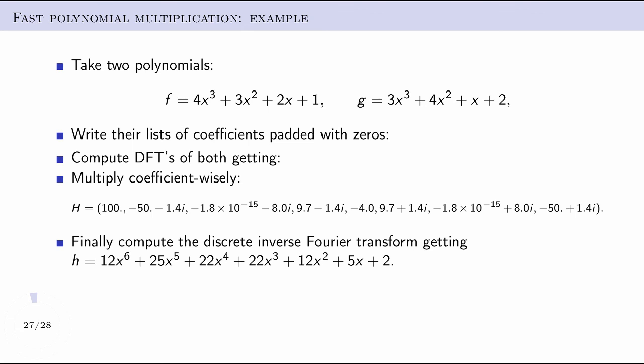We get the sequence of length 8, of the form 2, 5, 12, 22, 22, 25, 12, 0. We have leading zeros, but when we convert this into a polynomial, the zero corresponding to x to the power 7 we just drop, and we have the resulting polynomial of degree 6, which is the product of f and g.